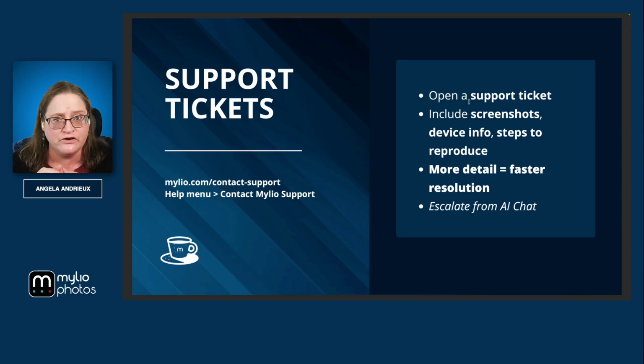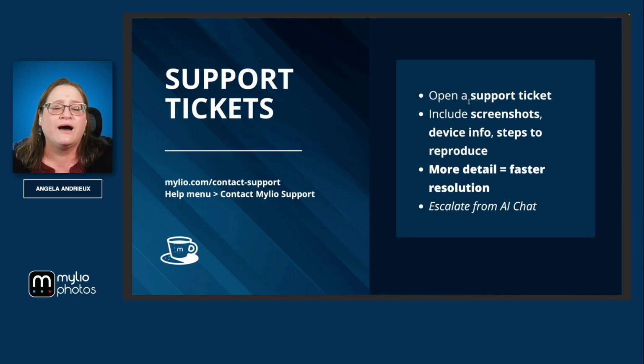Let us know the specs of your computer, what version of operating system you're running, and specific steps to reproduce problems. So if there's something that's happening repeatedly, make sure you jot down what view you're in, what things you clicked, what type of media you're looking at. All of those things can be really helpful in helping us reproduce issues and getting to a faster resolution.